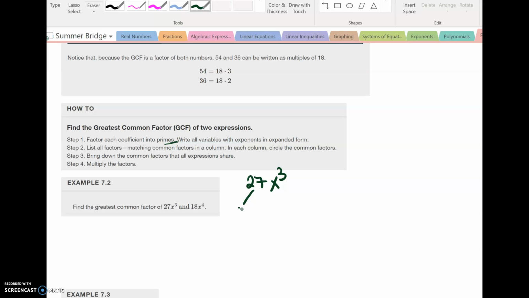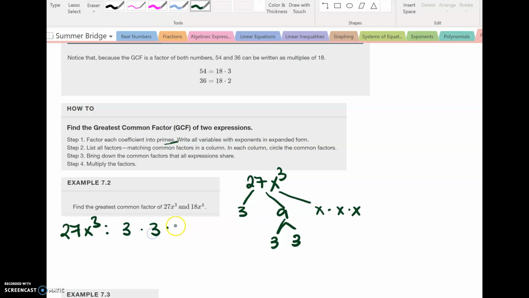My apologies, it's 3 times 9. And 9 can be broken down into 3 and 3, and the x cubed can be broken down into x times x times x. So 27x cubed is 3 times 3 times 3 times x times x times x. Again, we're just taking all the primes essentially.